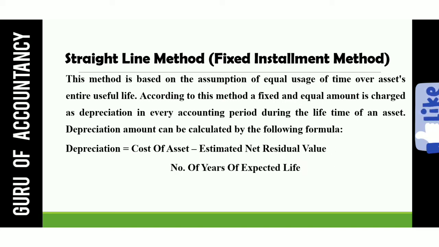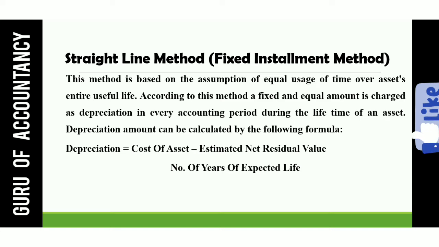Depreciation is equal to cost of asset minus scrap value, that means estimated net residual value, divided by number of years of expected life. So you will get depreciation as per straight line method. In this method, the amount of depreciation remains same every year, and that's why it is known as fixed installment method.